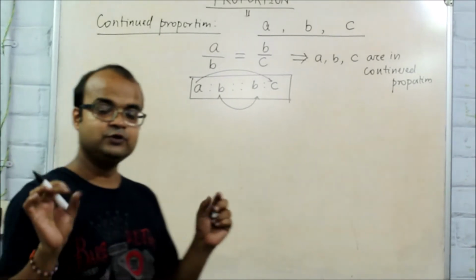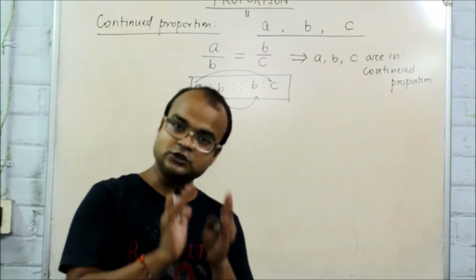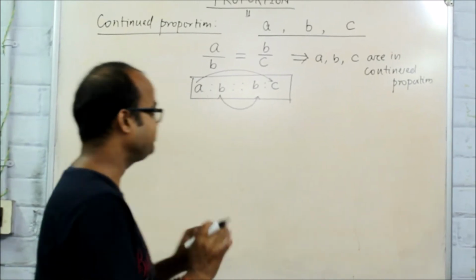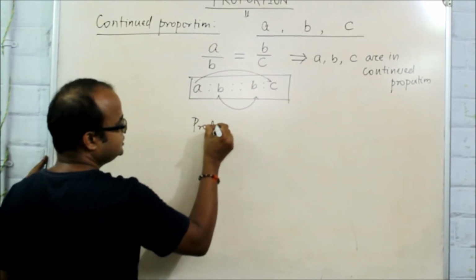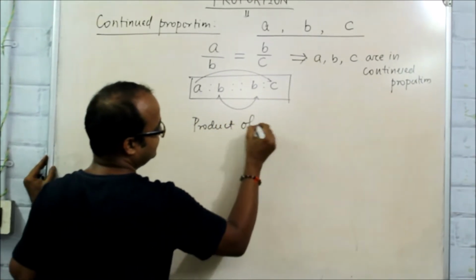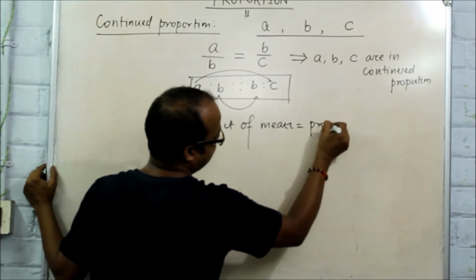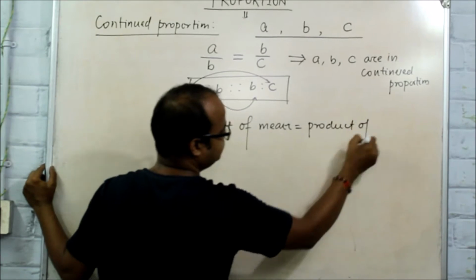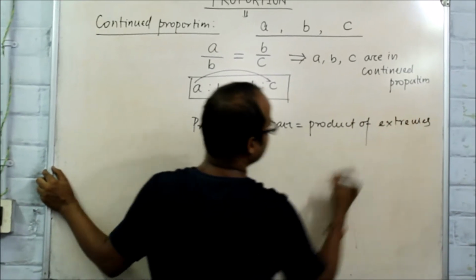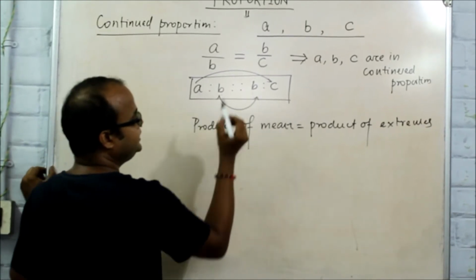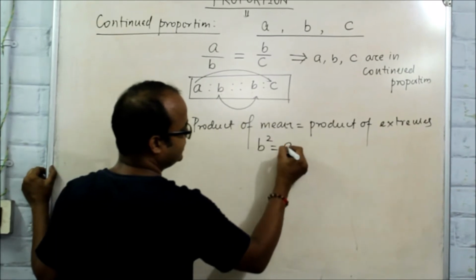If two ratios are in proportion, then the product of means is equal to the product of extremes. So from here we can say that B into B, means B square, is equal to A into C.